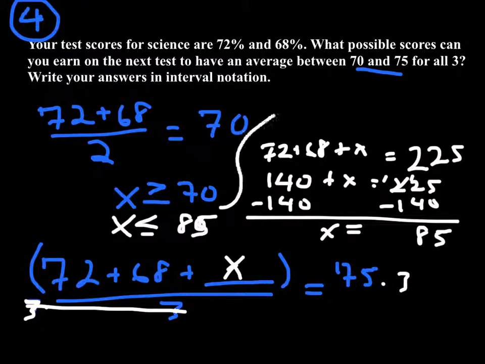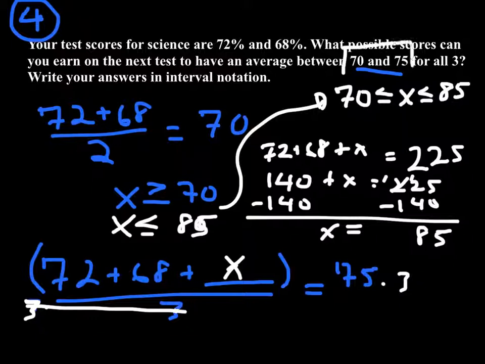So if I write this up here, we're going to have 70 is less than or equal to x is less than or equal to 85 in order for my average to be between 70 and 75 for the next test. Okay?